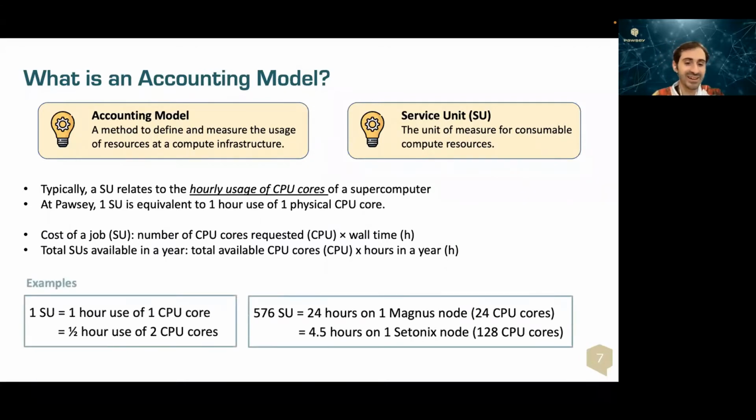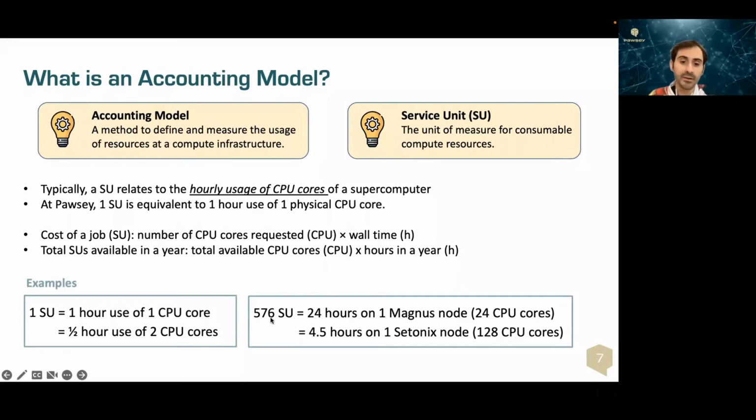So just to give you a numerical example, the first one on the left. One service unit, for instance, could be used for 1 hour of use of one CPU core, or it could be used for half an hour use of 2 CPU cores. And for those of you that were using Magnus before, this is just another example which relates to Magnus, our previous supercomputer.